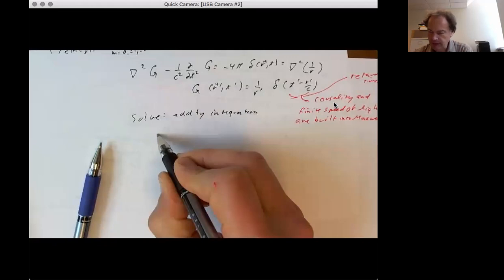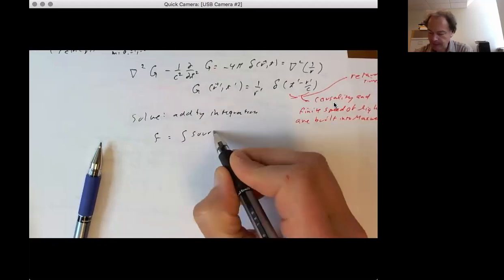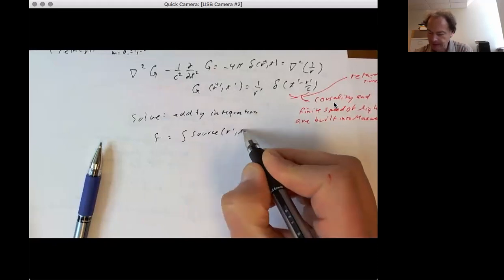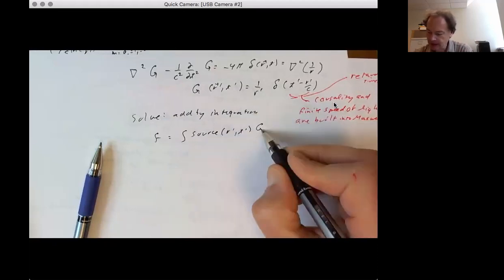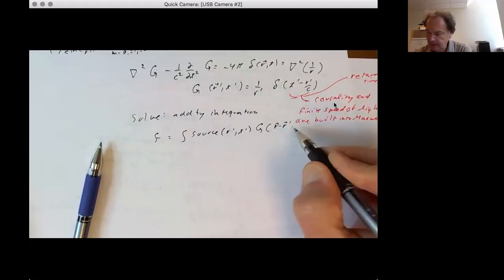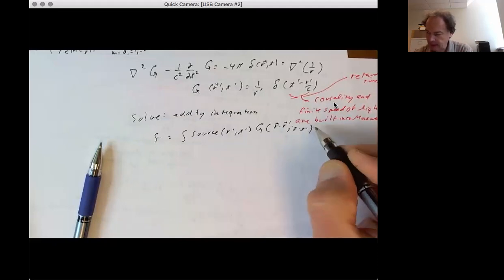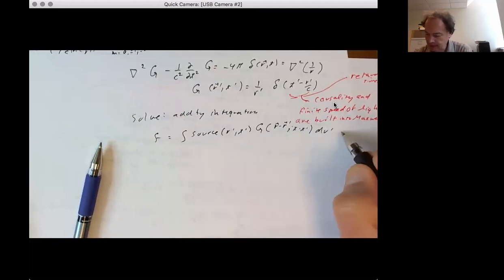So our function f is equal to the integral of source r prime t prime g, r minus r prime, t minus t prime, dv prime dt. That's the convolution.